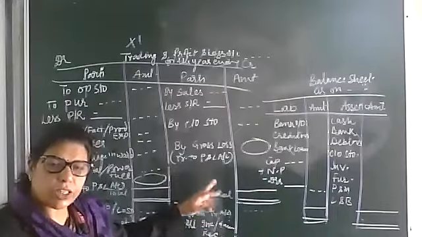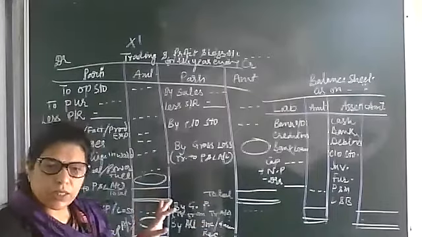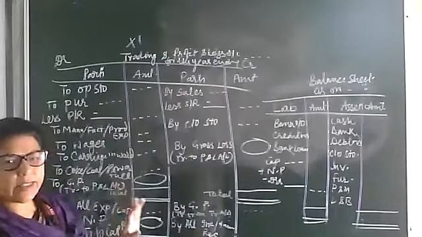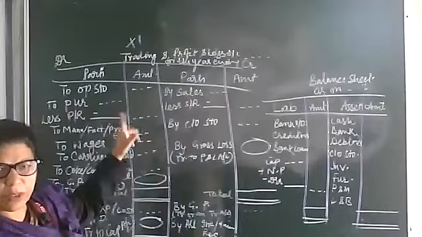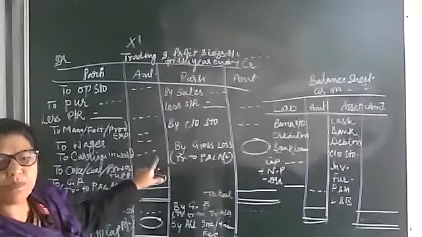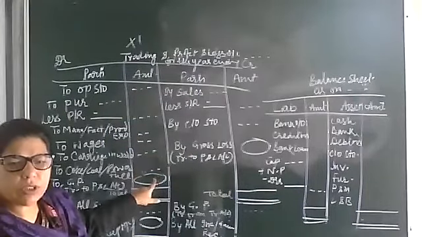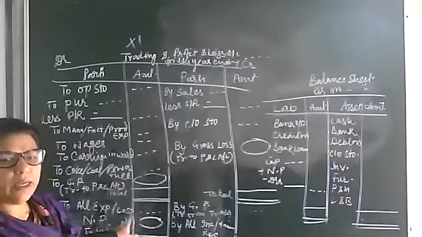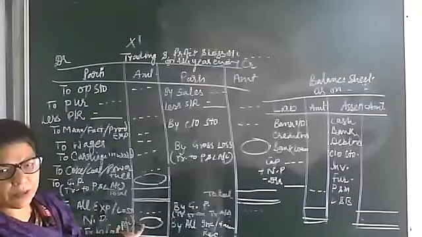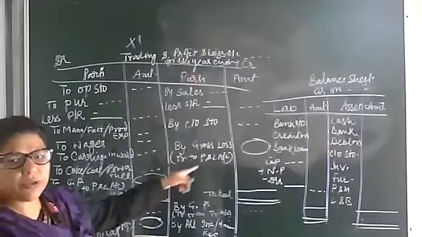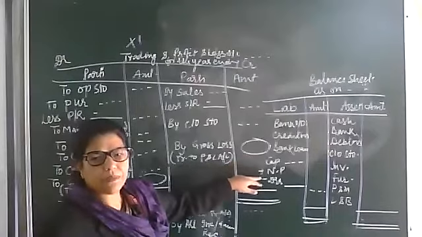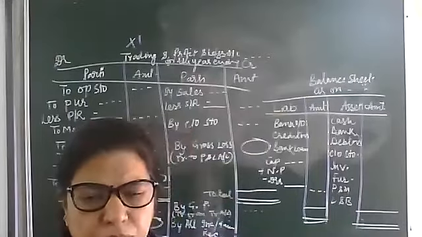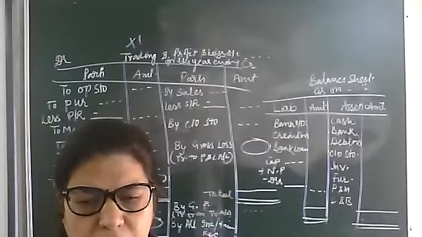Net loss is also transferred to capital account, and there that will be subtracted. So see, with the help of trial balance, you prepare trading account. With the help of trading account, GP, you start to prepare P&L account. And with the net profit of P&L account, you are going to make balance sheet. I am sure you all will be able to do these numericals, which we will start from tomorrow.